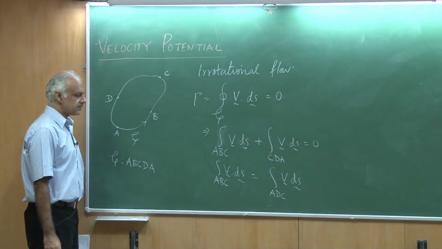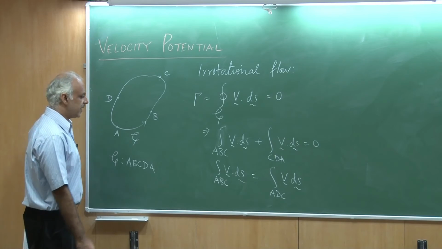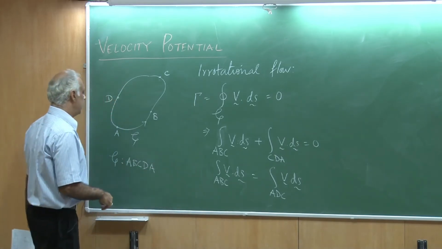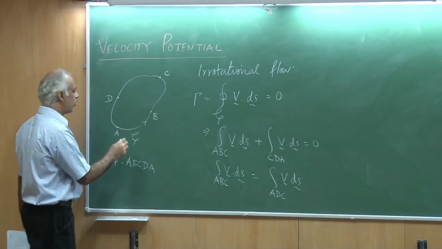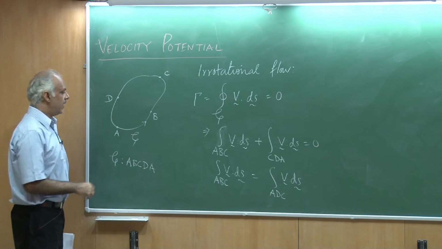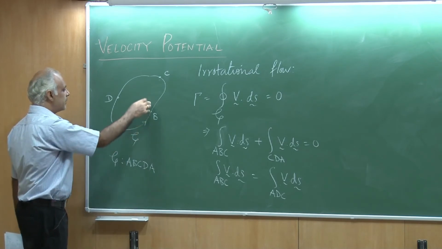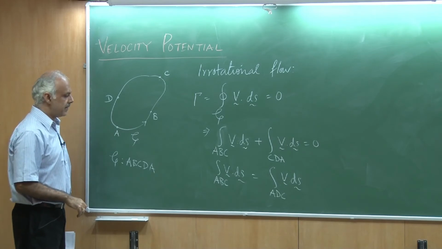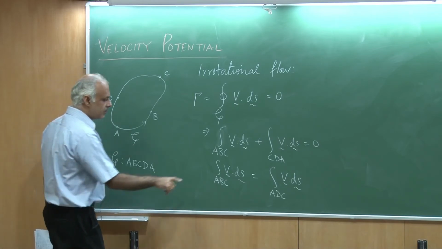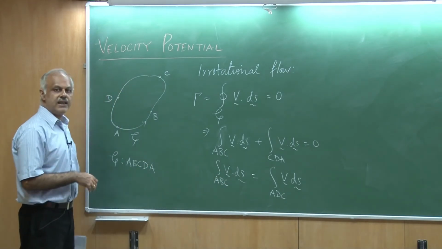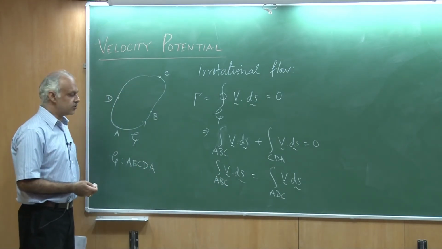Okay. So, what I am now saying is that because the circulation is 0, I am reinterpreting this whole thing as, let me fix any 2 points A and C, and I can take any arbitrary curve that goes through these 2 points A and C. And what I am now able to show you is that this V dot ds is independent of the curve that I choose.